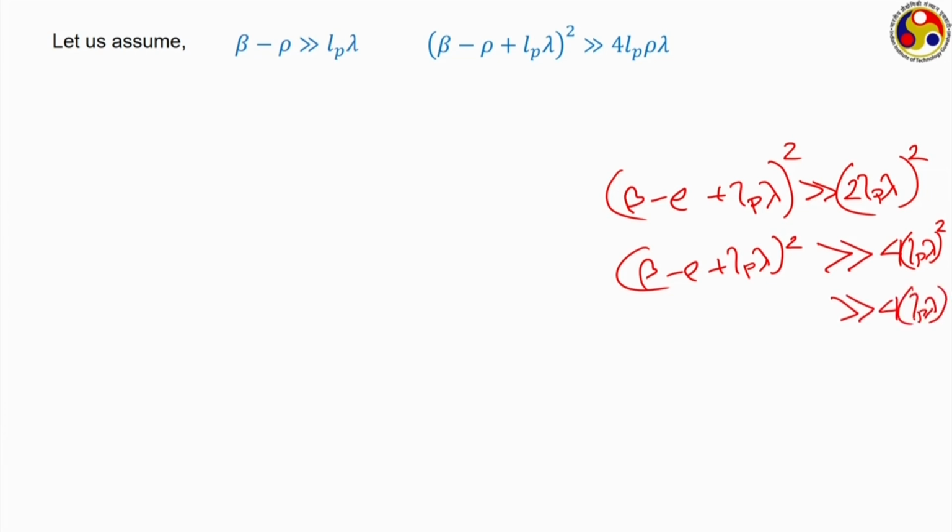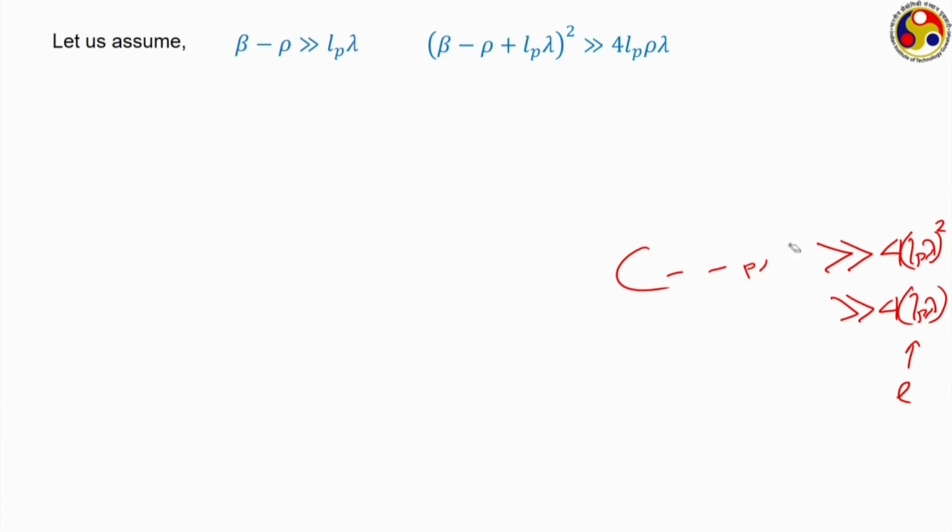And rho is a quantity which is generally a very small positive number, at least as per our consideration, so multiplying this particular term with rho will make it even smaller. But of course, the first approximation, that is beta minus rho is significantly greater than LP into lambda, is something that we shall be proving later on using the magnitudes corresponding to uranium-235. For the moment, let us proceed forward with these two assumptions.